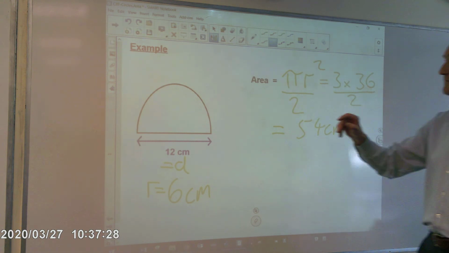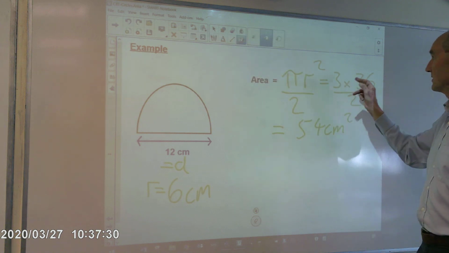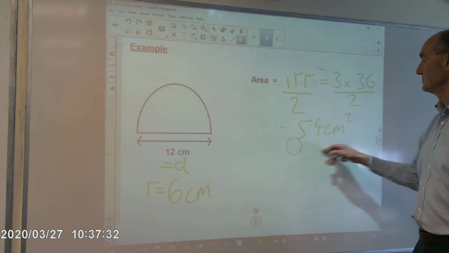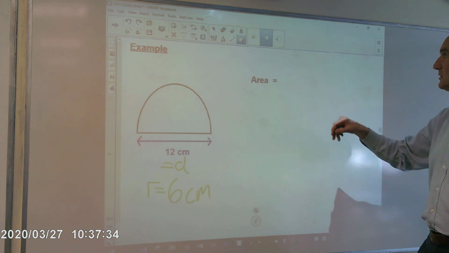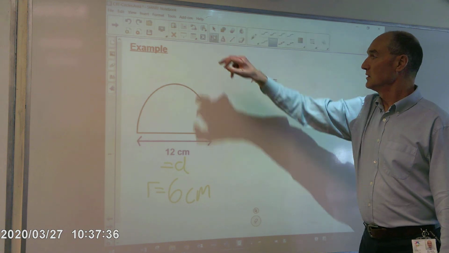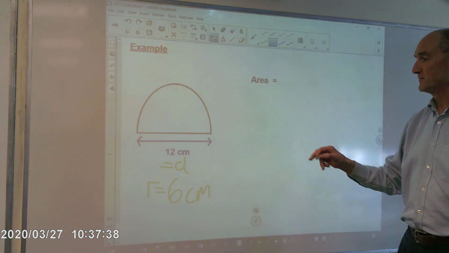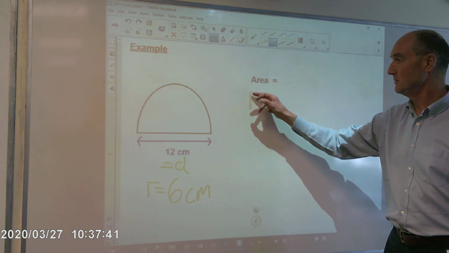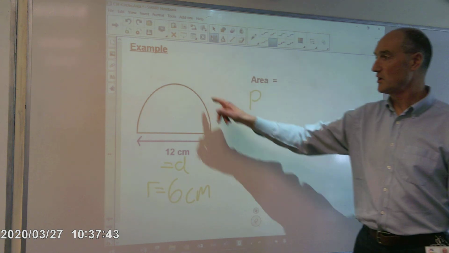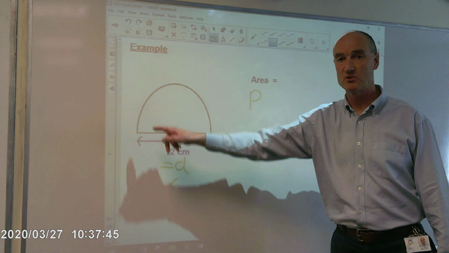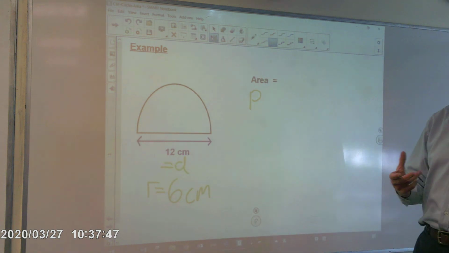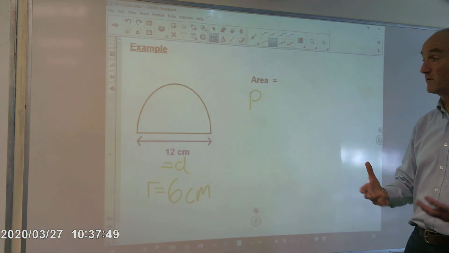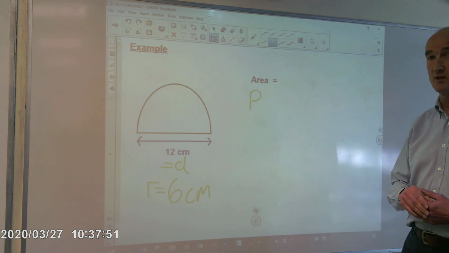Now, one further thing I'm going to show you, I'm just going to get rid of the calculation here. A question could ask you the perimeter of that shape. Now notice that I've changed from using that word circumference to using the word perimeter.